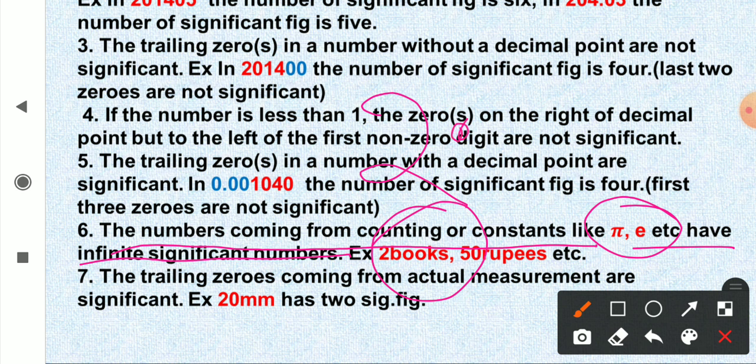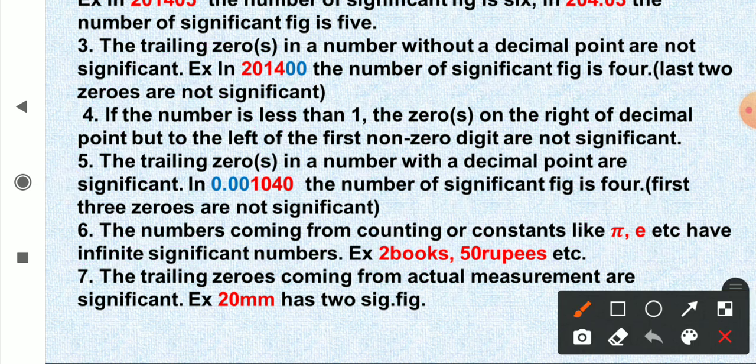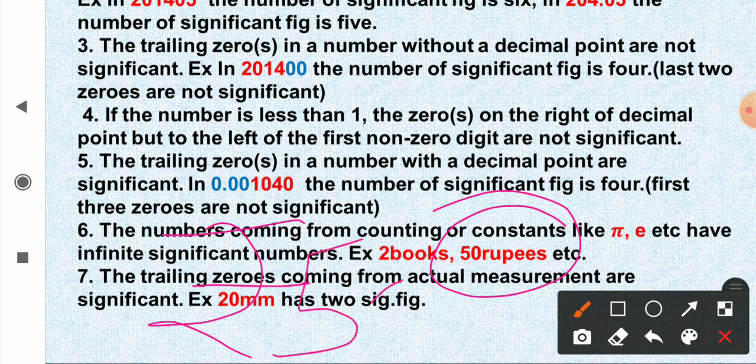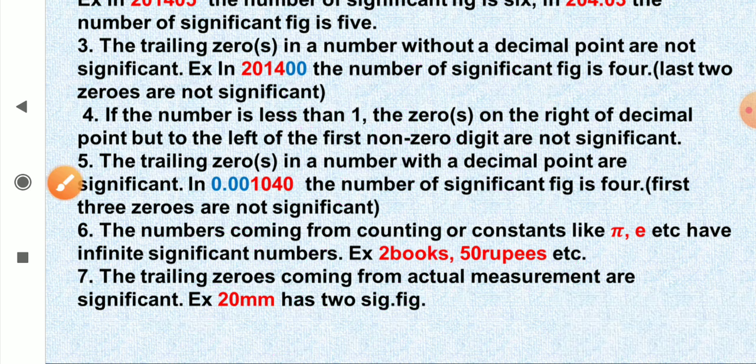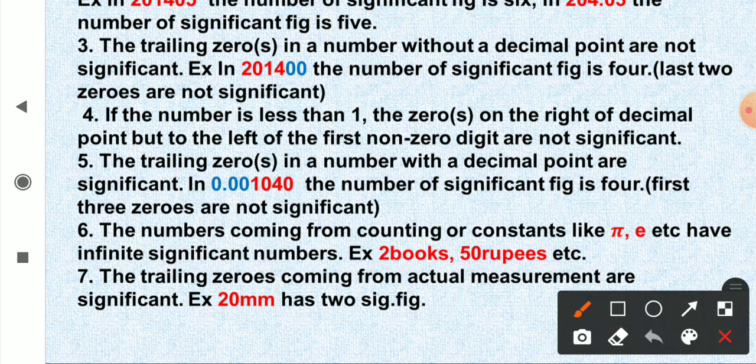It cannot be 2.2 or 1.9. So 2 books, when I say, it is an exact number. Similarly, if I talk about 50 rupees, then it is exactly 50 rupees. It is not 49.9 rupees or 50.1 rupees. So these are exact numbers and they have infinite significant figures.